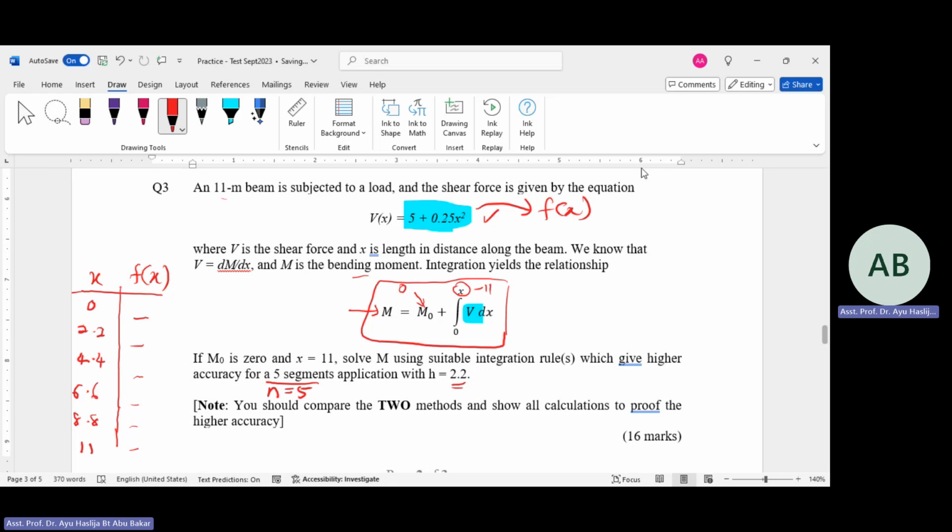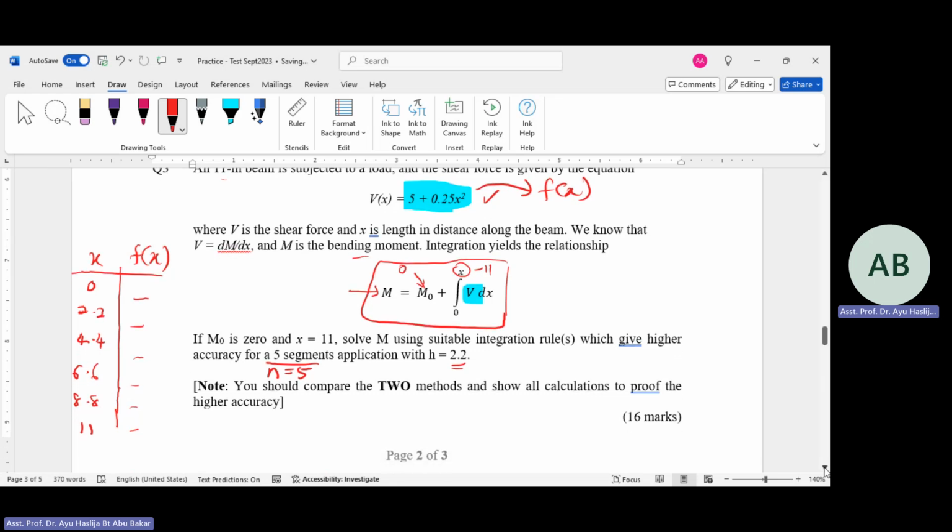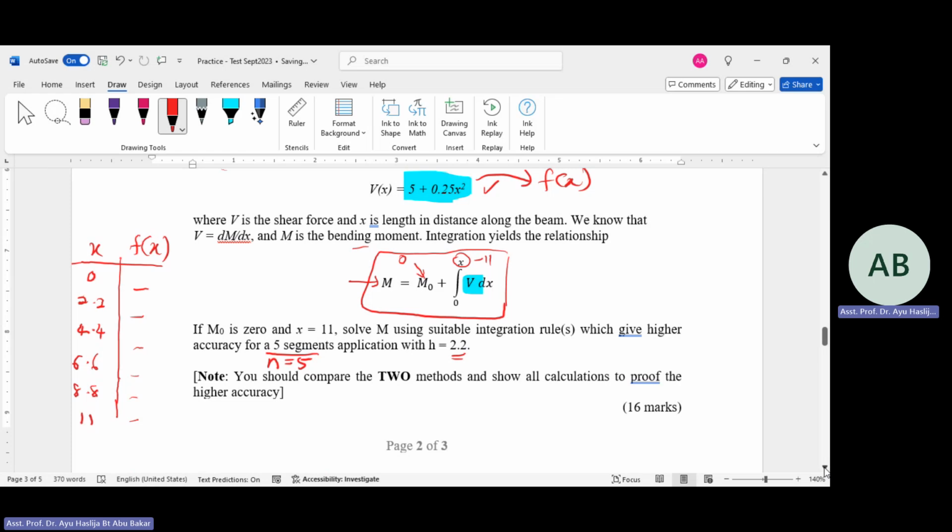Now, this question asks you to compare two methods which give higher accuracy for n equals to 5. To find the integration, it is either trapezoid, Simpson 1/3 or Simpson 3/8, single and multiple for both.